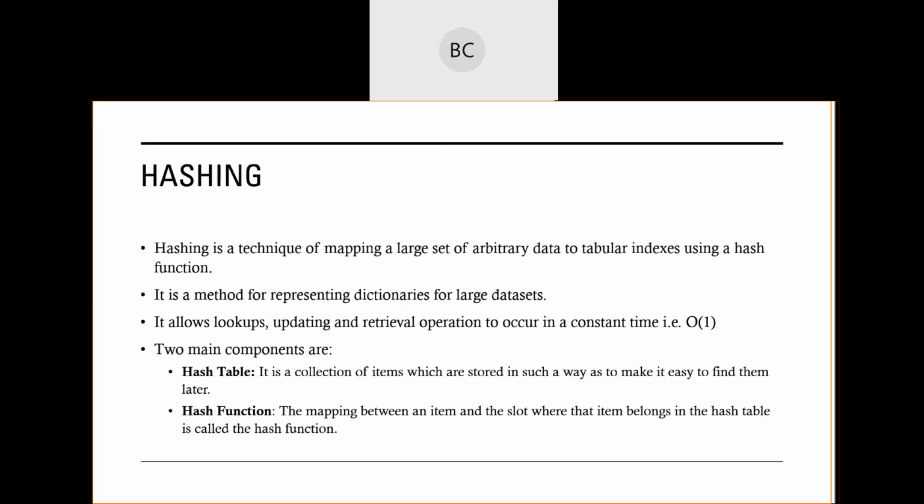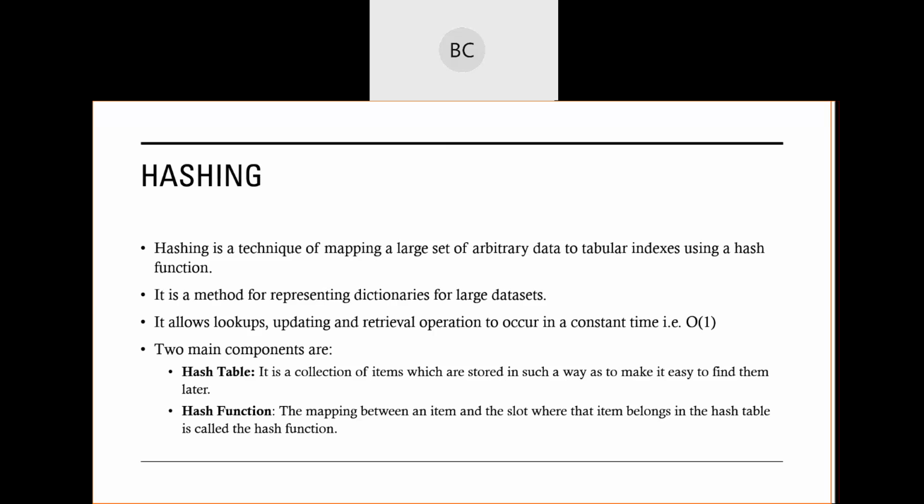One is the hash table and the other is the hash function. In the hash table, we are going to store all the data, and the hash function will be a mapping function which will map every item in our hand to certain slots of the hash table.